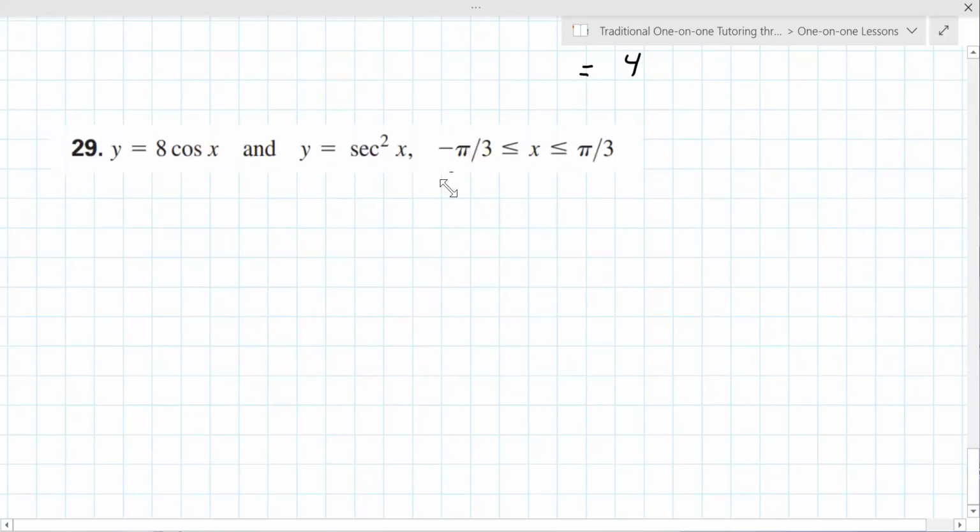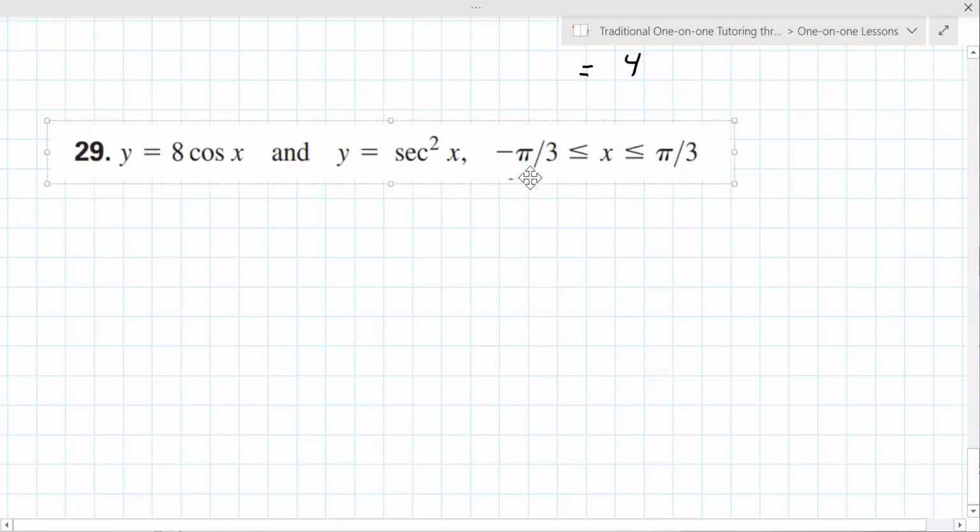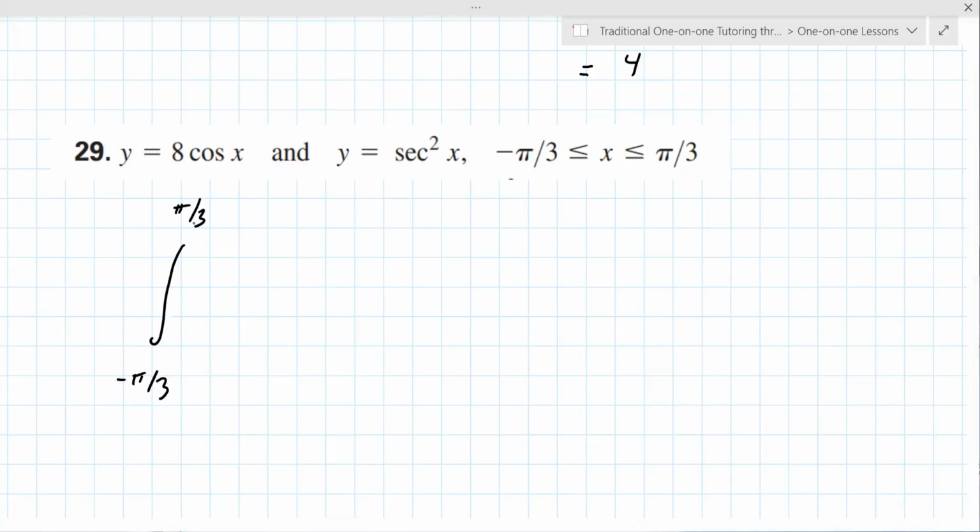So this question here is not as interesting because they already give you the bounds. They tell you your integral is going to be from -pi/3 to pi/3. Okay, great. And as I mentioned before, you have to figure out where's the top and where's the bottom.